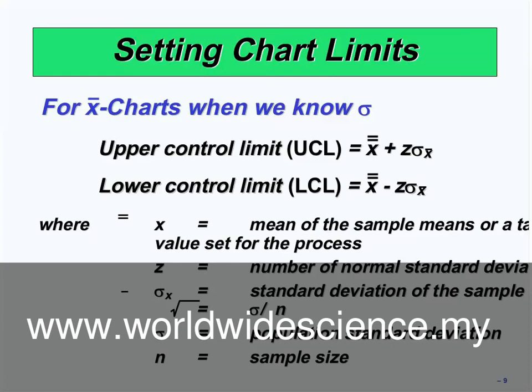Sigma x bar can be calculated as sigma divided by the square root of n. So we need n in order to calculate sigma x bar.